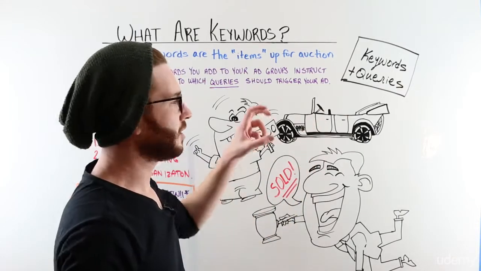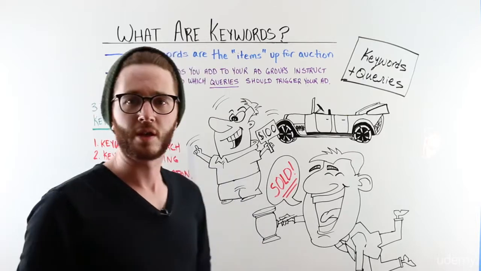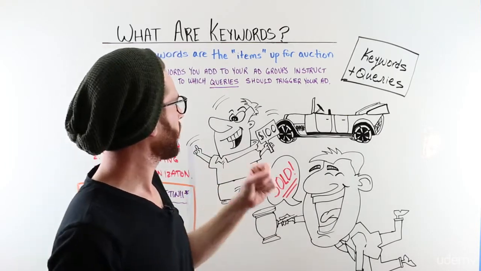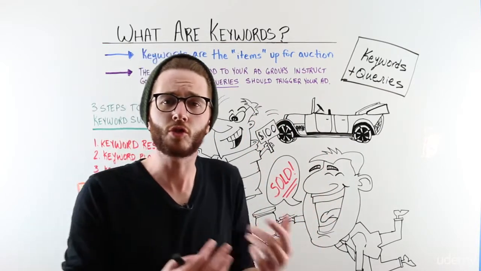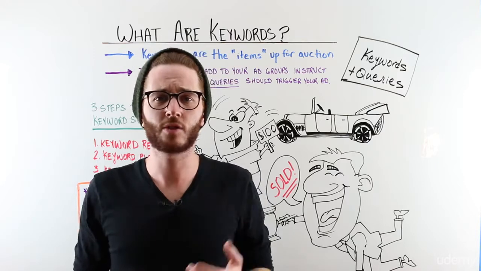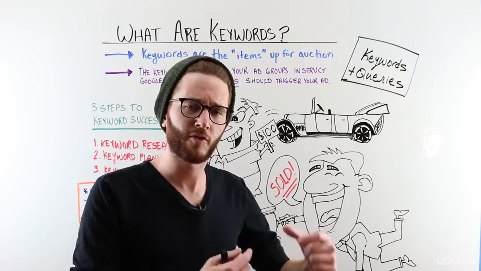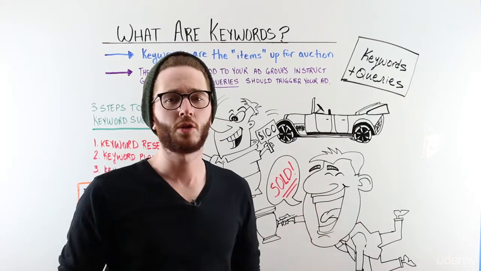Queries are what the user types into the Google search box. That's what the query is. The keywords are what you add into your account that instruct Google as to which queries should trigger your ad. So you as the advertiser choose your keywords, and those keywords will instruct and direct and inform Google AdWords which user queries should trigger your ad.